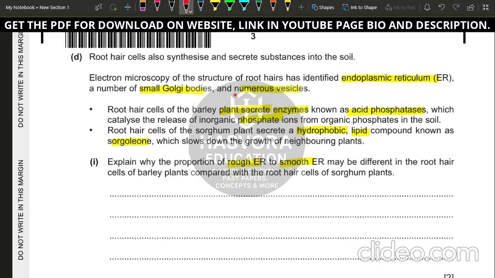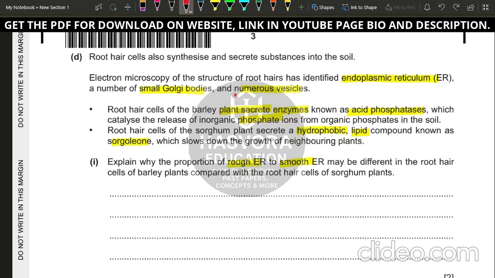So, first of all, let me explain it. We have read that in the barley plants we are synthesizing the enzyme called acid phosphatase. For the enzymes we know they are globular proteins, and for them we need the endoplasmic reticulum. While for the lipids, the lipid synthesis occurs in the smooth endoplasmic reticulum.